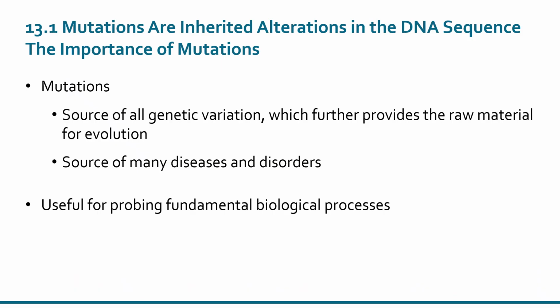At this point in a genetics semester, you're probably well aware that a mutation is a change to the genetic sequence of an individual. And in a genetics class, we are particularly interested in inherited genetic changes.